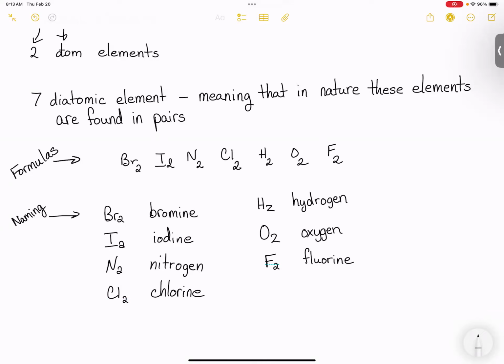So, what does this mean? In a homework or on the test, if I say, give me the formula of bromine, I expect you to give me the formula Br2. If I give you N2, I expect you to tell me it is nitrogen.